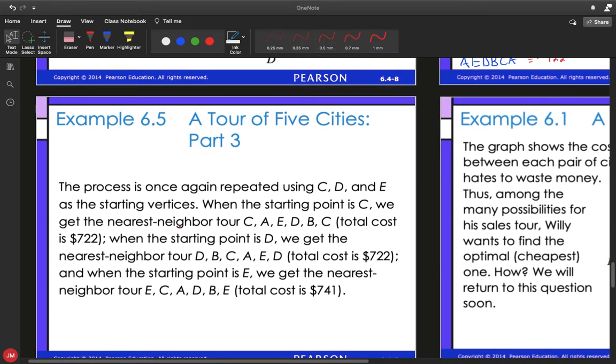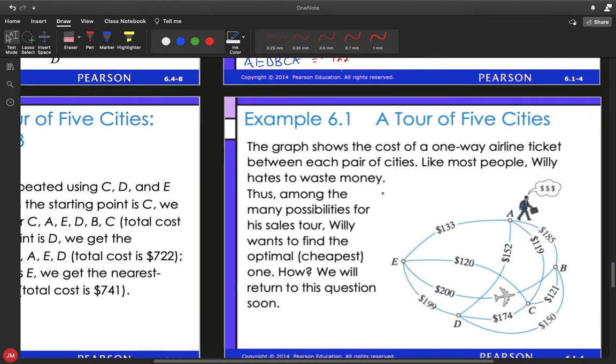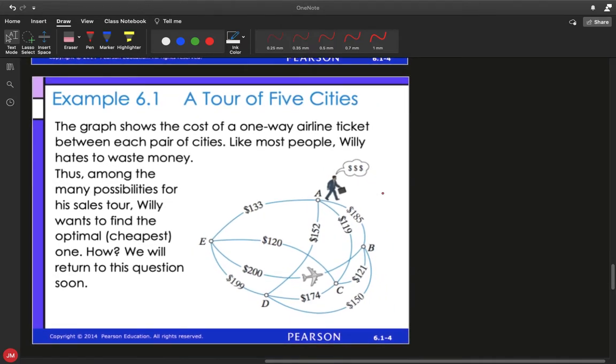So let's say we continue to repeat this process for our other vertices, C, D, and E. I'll work through these with you so you can see how they work. Let's start with C. For C, our cheapest move would be to go to A for 119. From A, our cheapest would be to go to E. So far that's C, A, E. Then from E, we can go to D for 199.